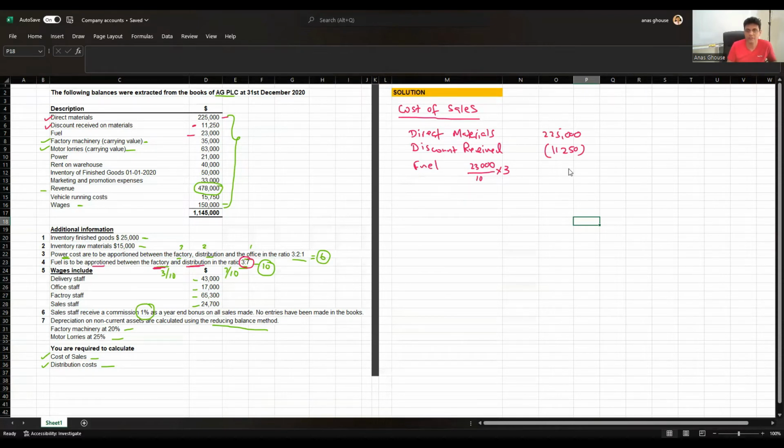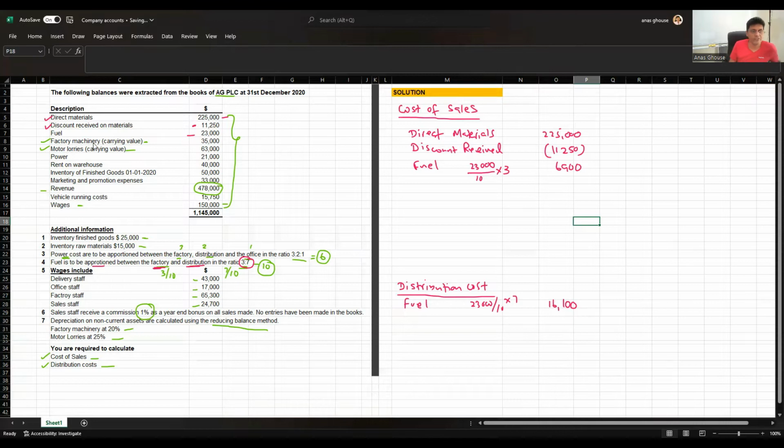So you can take 6,900 here. Then under distribution cost, you have the fuel cost, 23,000 divided by 10 times 7, which is 16,100. So you need to take 16,100 here.